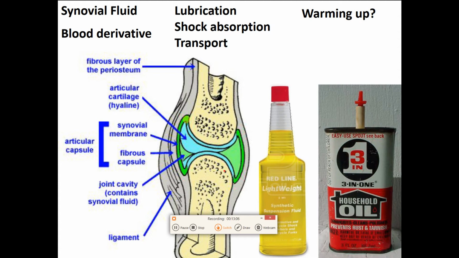And the point of making it is threefold. It is going to be for lubrication, so things can move nicer. So it's kind of like oil in that regard. It's also kind of like suspension fluid in that it absorbs shock. And last but not least, it helps move nutrients, waste, etc. around.